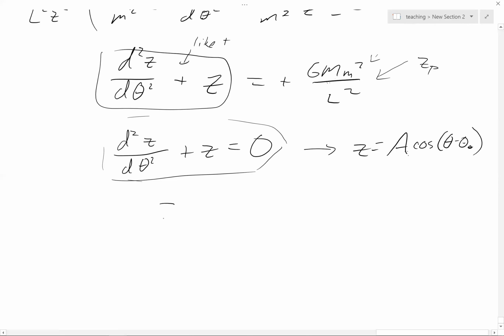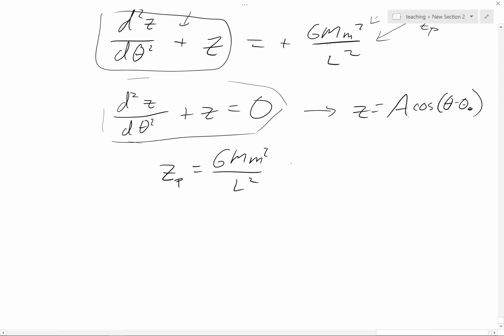So I could just say my particular solution is gm squared over L squared, right? So my general solution to this equation I started with is the particular plus the homogeneous.